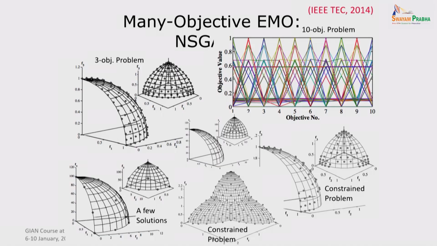And you can see some results. This is on 3 objectives. See how nice a distribution. Here I have 91 lines. 91 falls into the Das and Dennis number. And you can see how nice a distribution you can get. Okay. You could also do very few. Like here we have 1, 2, 3, 4, 5, 6, 7, 8, 9, 10 points in the entire surface.